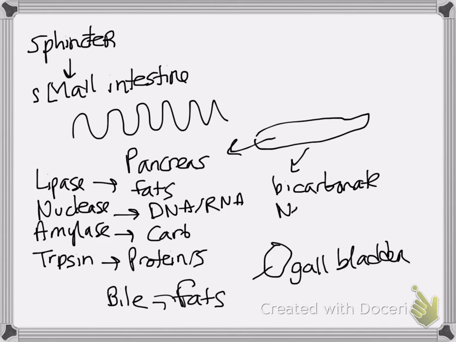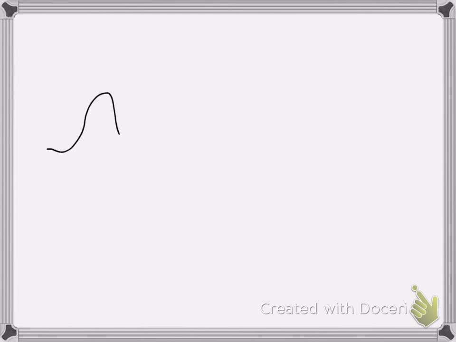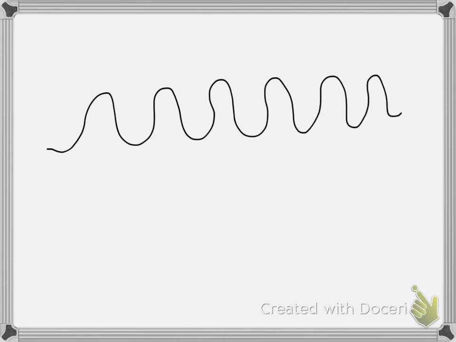Bicarbonate is going to neutralize the acid from the stomach. All of these enzymes are going to break the food molecules into small molecules. Those small building blocks are going to be absorbed by the capillaries that line the villi of the small intestine.